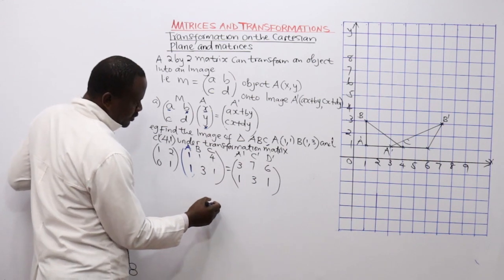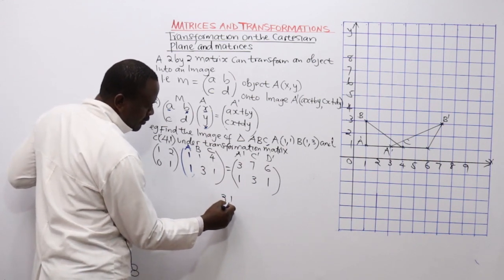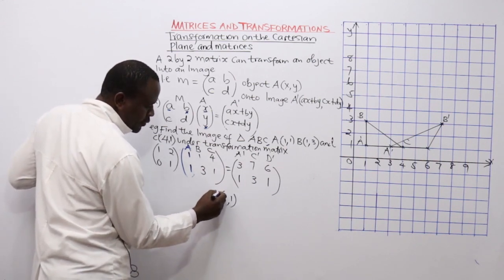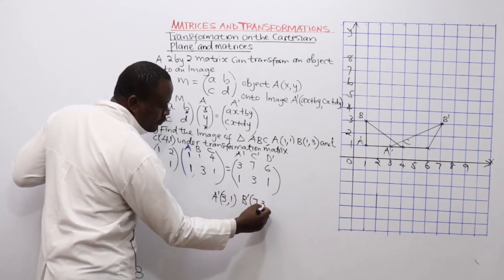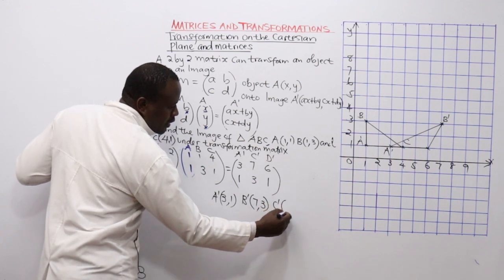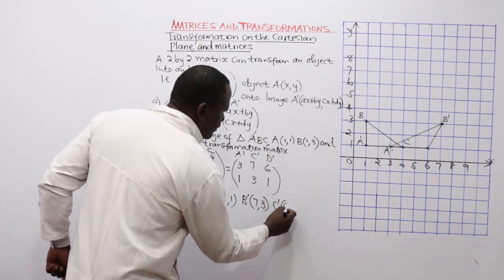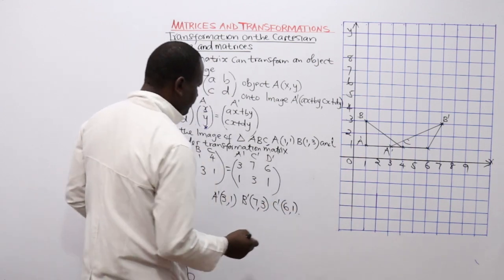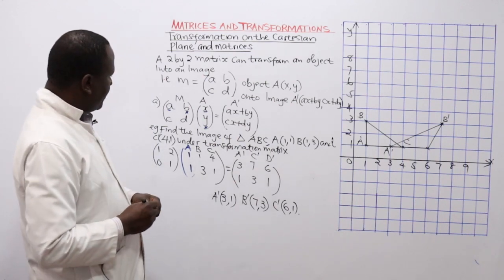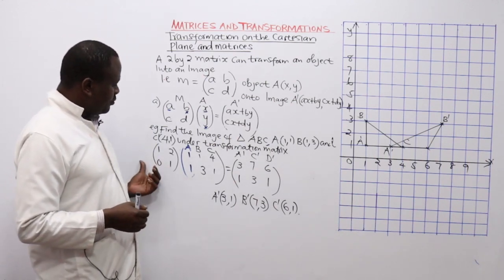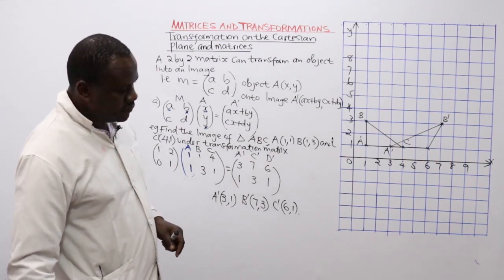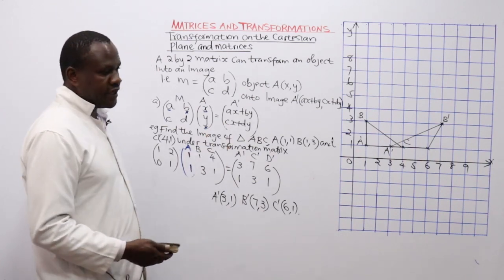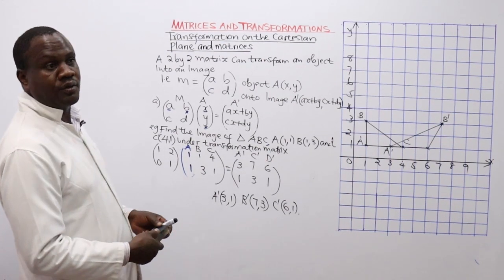And the image will be 3, 1 for A prime, 7, 3, and 6, 1. So you can use, therefore, a 2 by 2 matrix to transform any figure into another figure or any point onto another point.